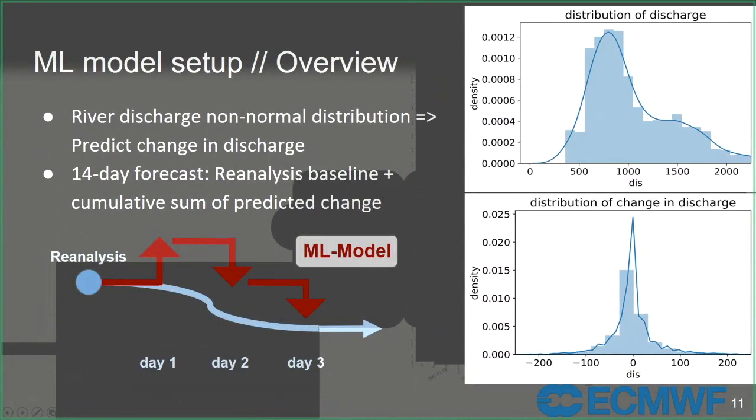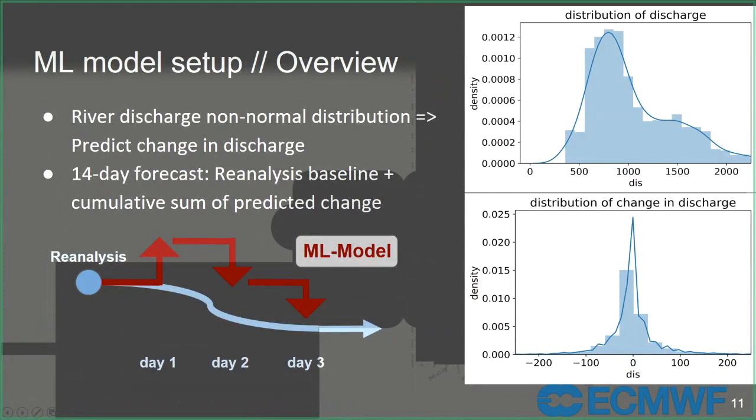And then, before evaluating, we do the cumulative sum of it and add the initial value of the discharge. So we arrive at our prediction, day 3. Another reason is that the distribution of your predictant is more Gaussian-like.